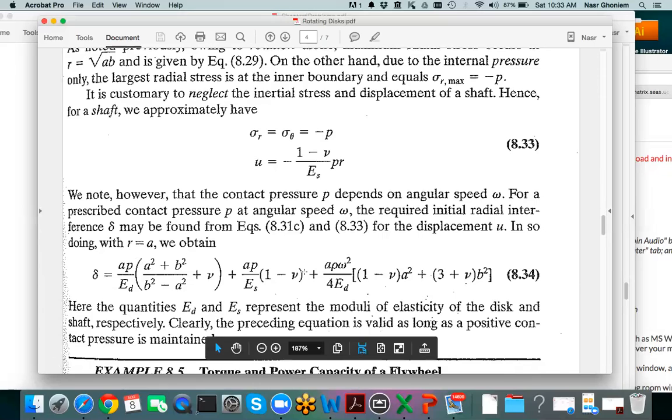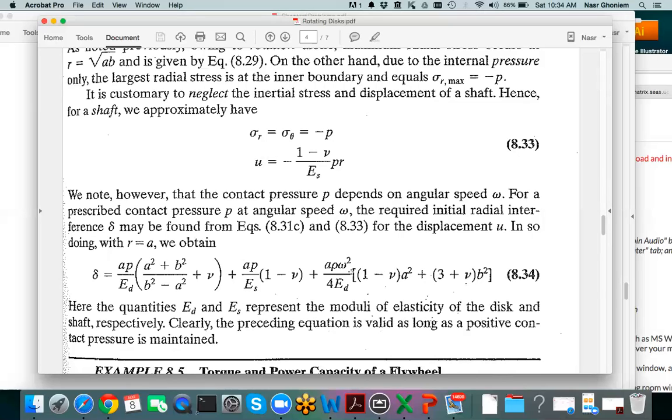So if we have a value of delta that is given, let's say 5 or 6 mils, then we look at this equation. It has an interfacial pressure, and it has a rotational speed omega. So two parameters. You know one, you get the second one.